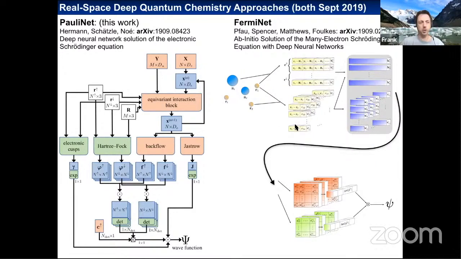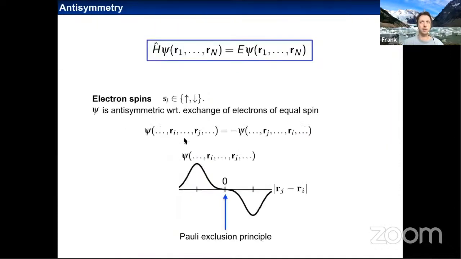Because it's much larger, it can also be trained to higher accuracy, but it's also much more expensive. And so I would advocate for this PauliNet architecture because I believe encoding the right physics is important, especially as we go to more complicated systems, as these can be extremely hard to optimize otherwise.